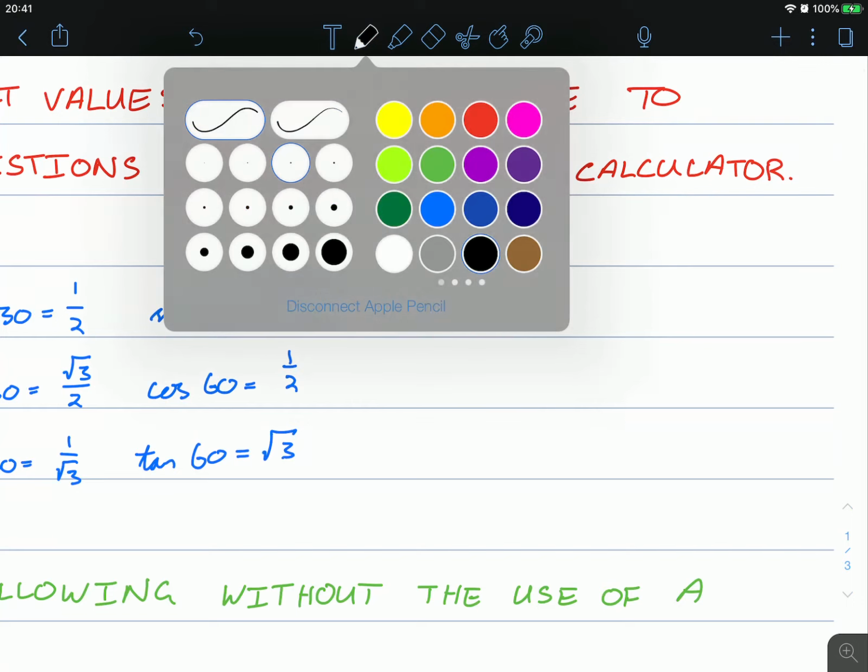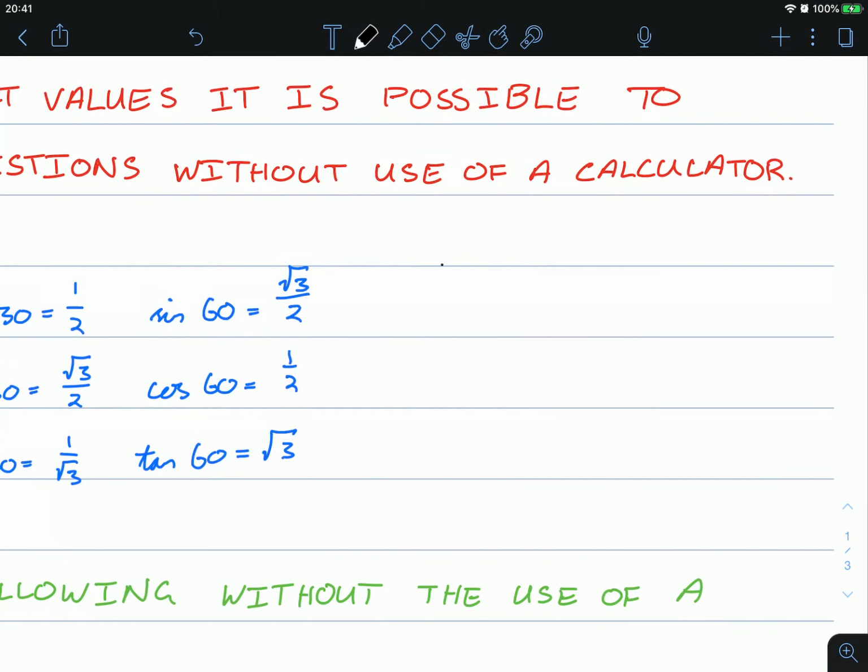The other triangle that we also need to remember is the 45-degree triangle. So these two sides are both 1. That's 45 degrees. We also forgot that this hypotenuse is square root of 2.